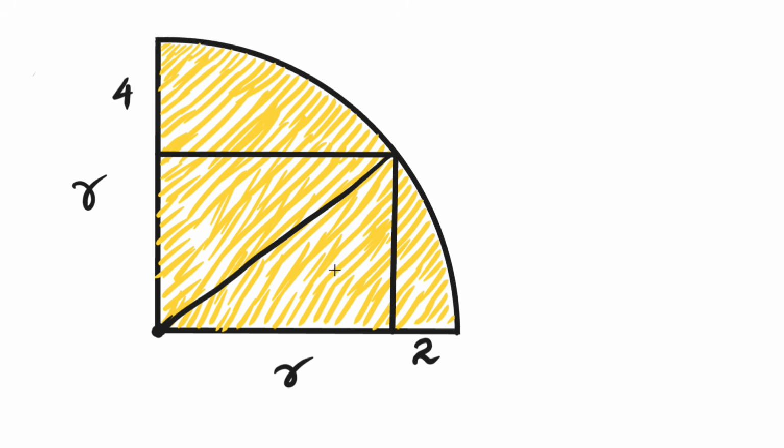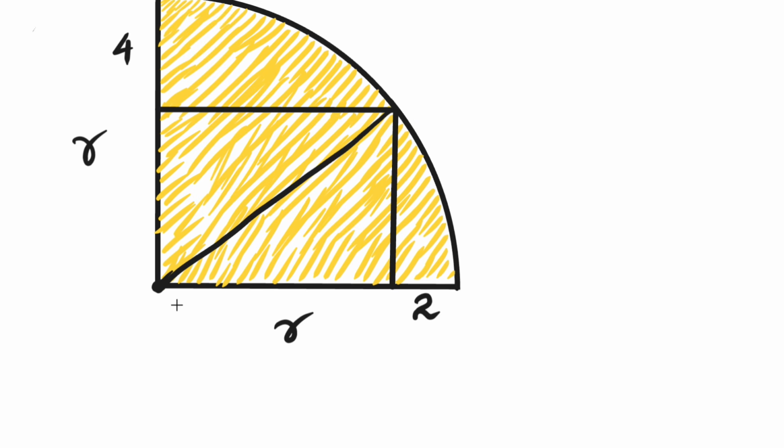Now, let's carefully determine the 2 legs of this triangle. The entire horizontal distance from the center to the end of the quarter circle is the radius, so that entire distance is r. However, the rectangle stops 2 units before the end of the quarter circle. Therefore, the horizontal leg of our right triangle is r minus 2.